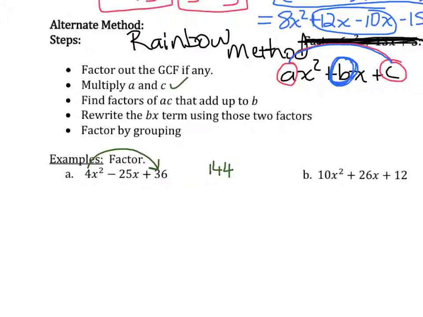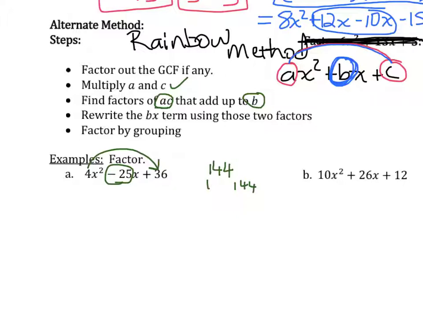Now I want to find two numbers that multiply to give me that 144, which I just found, but add up to negative 25. They have to multiply to give me 144, but add up to a negative 25. That means both of my numbers are going to be negative. You can go through 1 and 144, right?